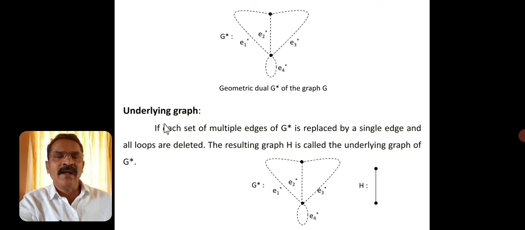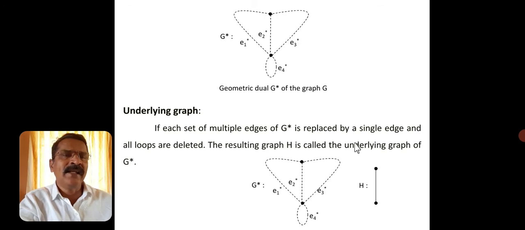To construct an underlying graph, we will see here. If each set of multiple edges of G star is replaced by a single edge, here between these two vertices there are three multiple edges. Instead of three multiple edges, consider those two vertices and put only a single edge.